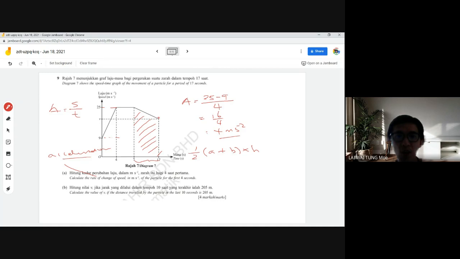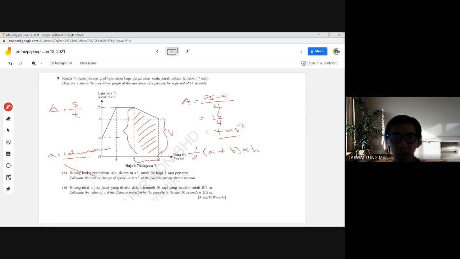A, you don't know what is your A. A should be your V. So from here to here is your V. And then from here to here is your 25. So I will substitute here. And H is your 10.